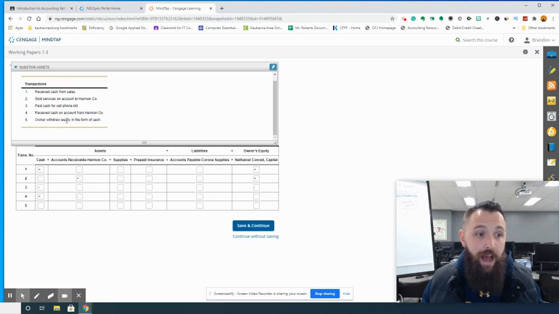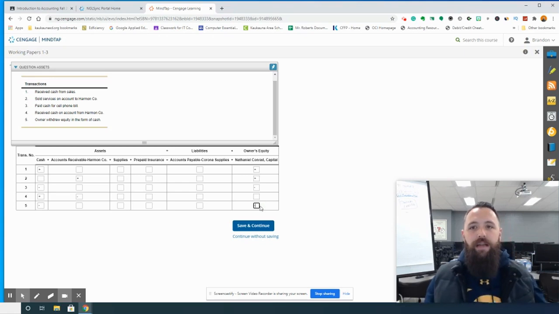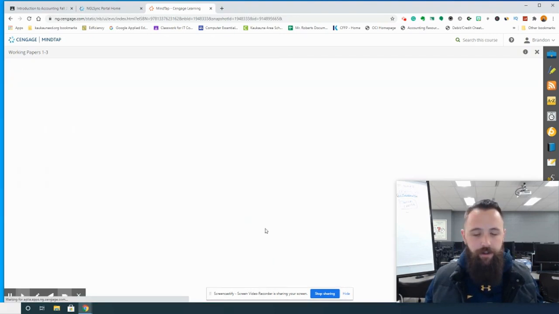So if they withdrew equity in the form of cash, means that they took cash out of the business. And how does that affect our owner's equity or Nathaniel Conrad's capital here? It brings it down, okay? Because now money has been taken out of the business. It's the exact opposite of when we invest money into the business. So there we go. Let's save and continue here.